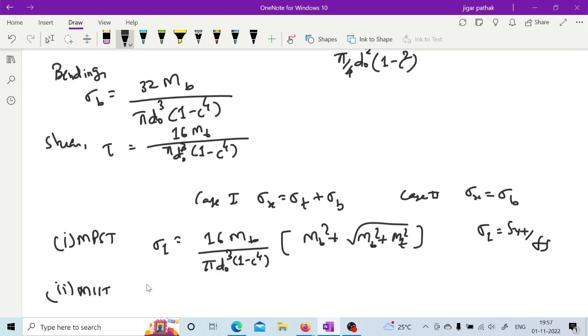You can go for MSST also. In that, the tau max you are going to calculate is 16 MT upon pi dO cube times 1 minus C raised to 4, times under root of MB square plus MT square.